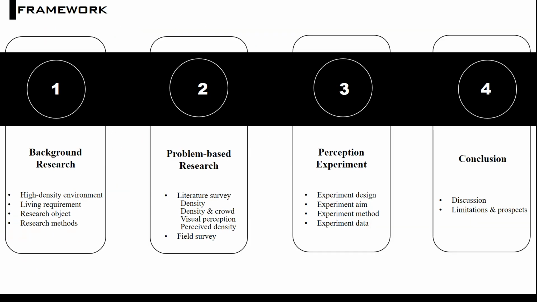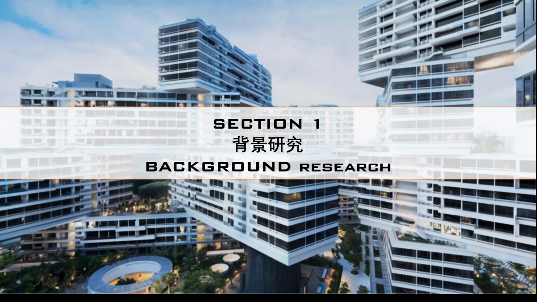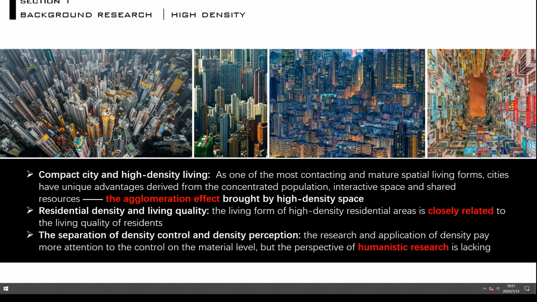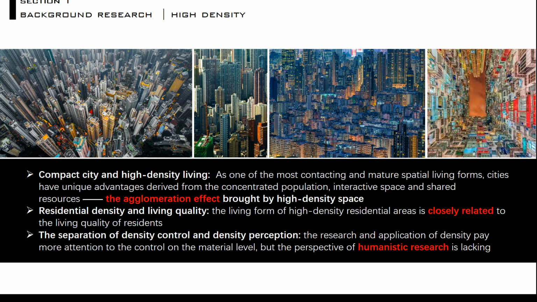Our paper includes 4 parts: background research, problem-based research, perception experiment, and conclusion. Section 1 is background research. Compact city and high-density living have unique advantages derived from the concentrated population, interactive space, and shared resources.